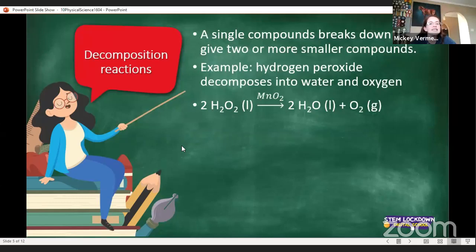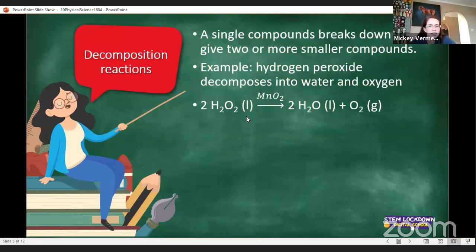Not every catalyst is a metal, but many of them are. Sandra, I get that you're confused. Let's just look at the basics. We've got hydrogen peroxide, a liquid. We bubble it over manganese oxide.